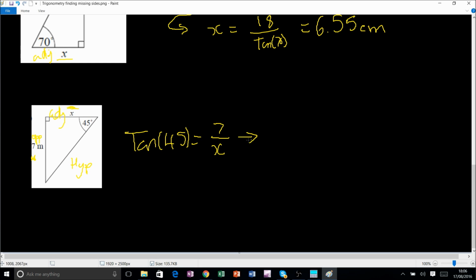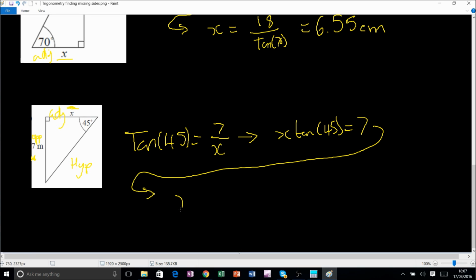Okay, rearranging it, we're going to get x tan 45 is equal to 7, and rearranging that further to get what x is equal to, 7 divided by tan 45.